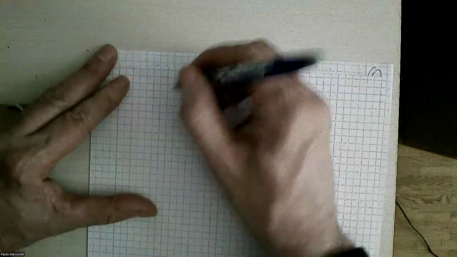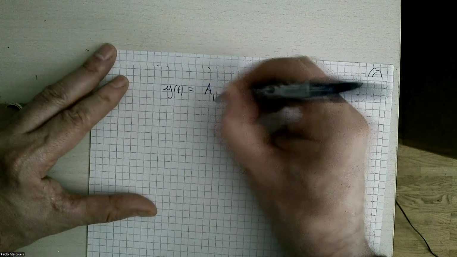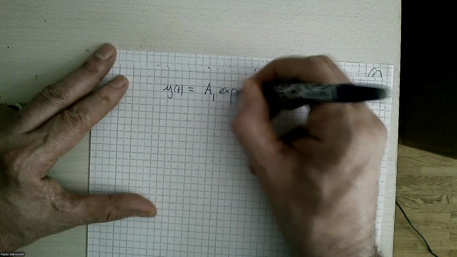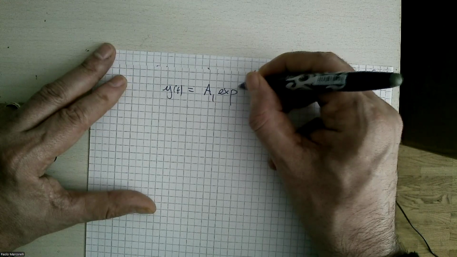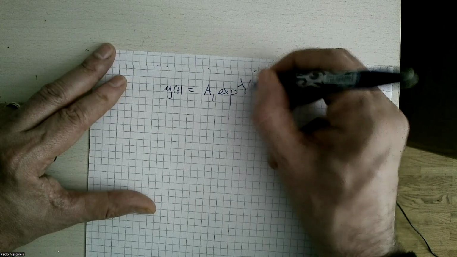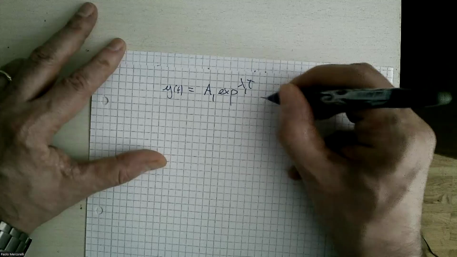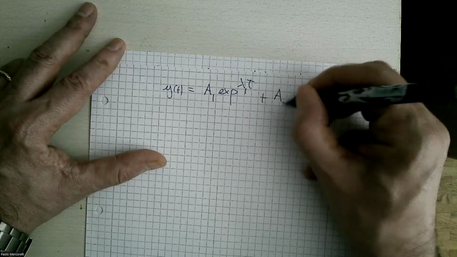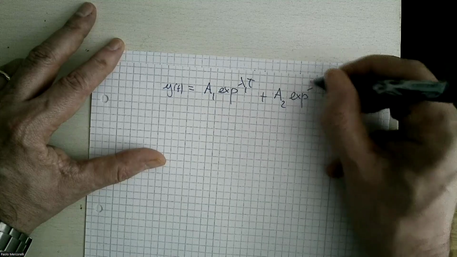Roughly, I have y of t as a function: a1 times the exponential function of lambda 1 t, with lambda 1 having negative real part, plus a2 times the exponential function of lambda 2 t.